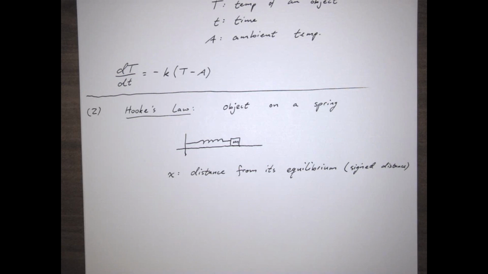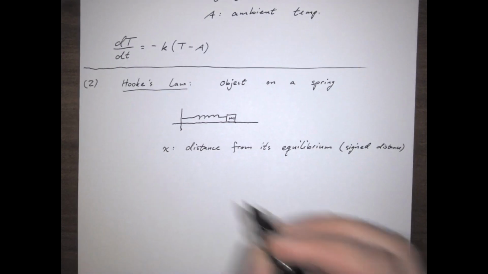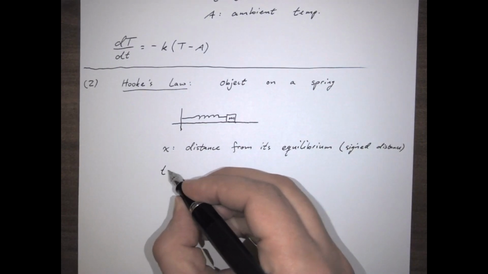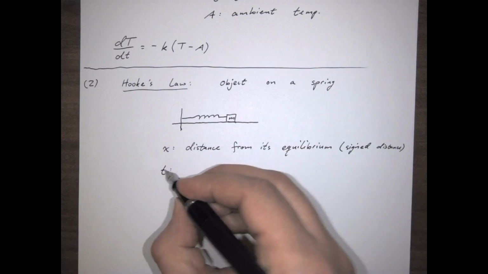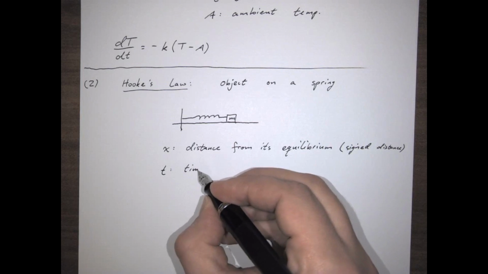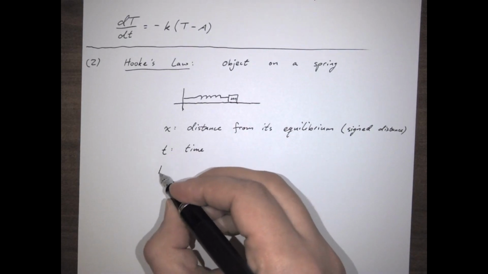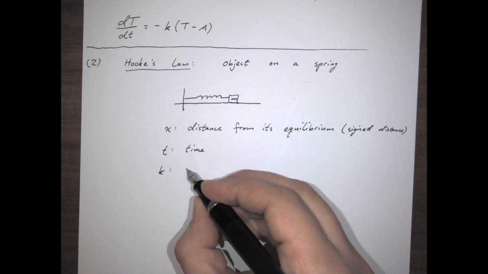Either one. It doesn't matter, but it does matter that your x is signed, so positive versus negative. And then t is the time in whatever units you're using, seconds by default. And then k is going to be a spring constant.